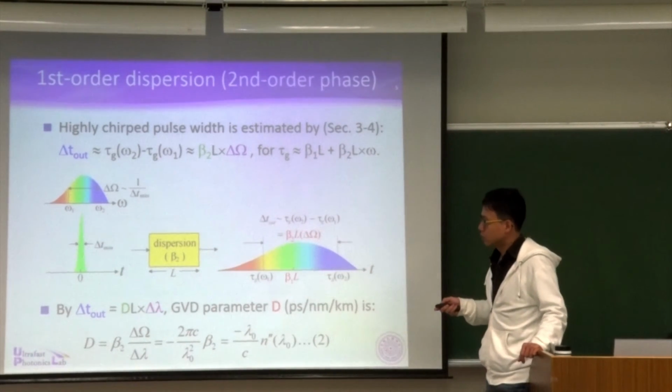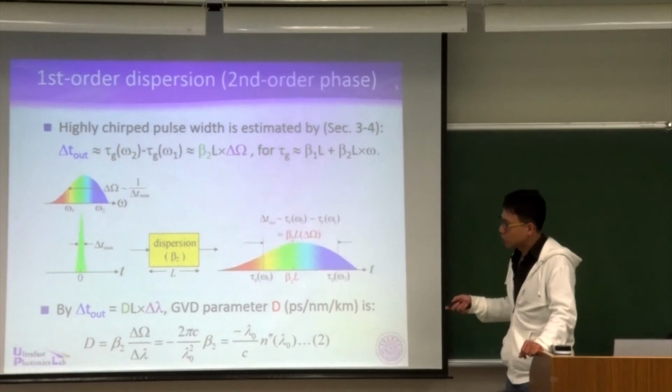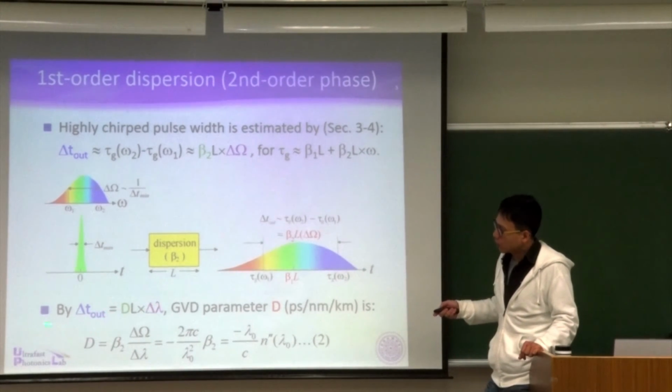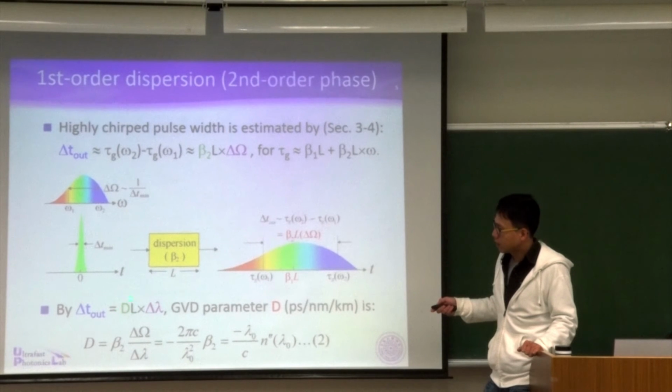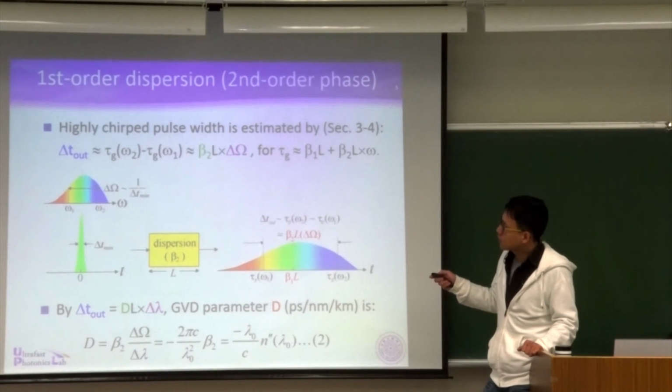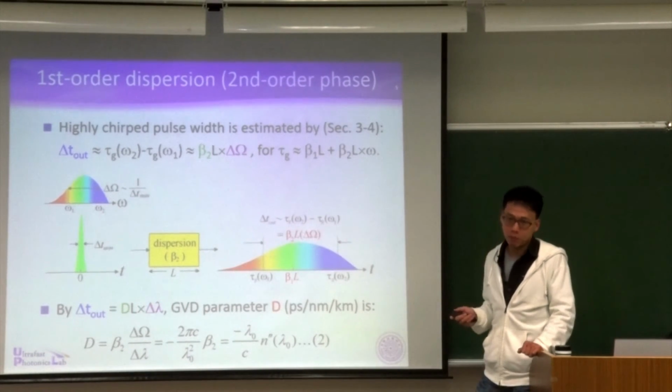And we also know the same idea can be applied to this case. Still, the output pulse width equals another newly defined GVD parameter, big D, times the same thickness L, and times the bandwidth. But here, the bandwidth is replaced from delta big omega to delta lambda.